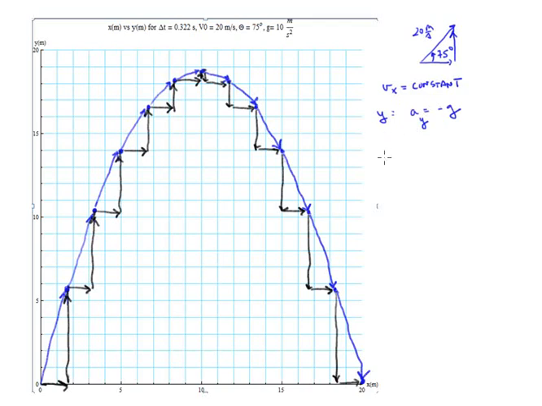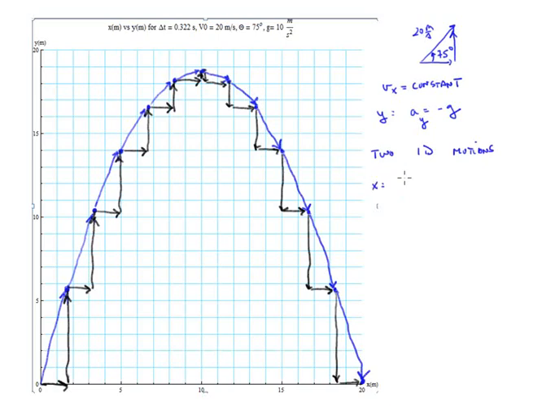And so the overall picture that emerges is that projectile motion can be broken up into two 1D motions that are independent of each other.